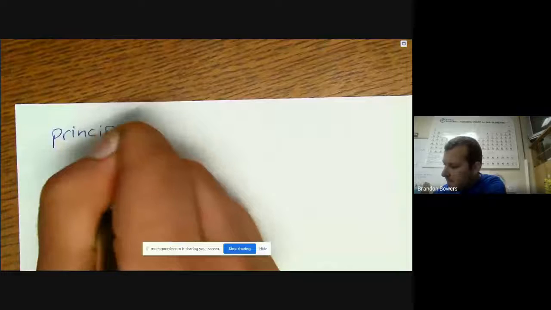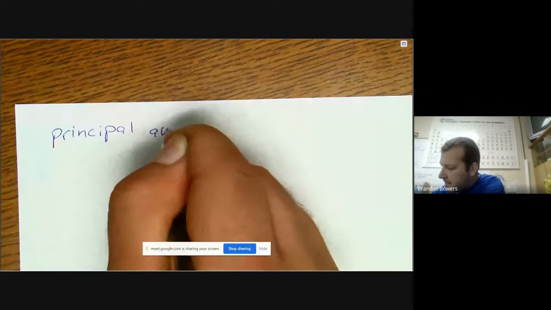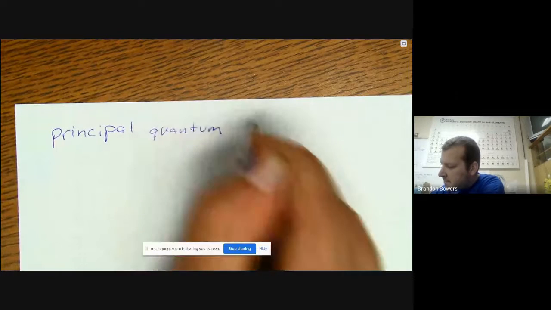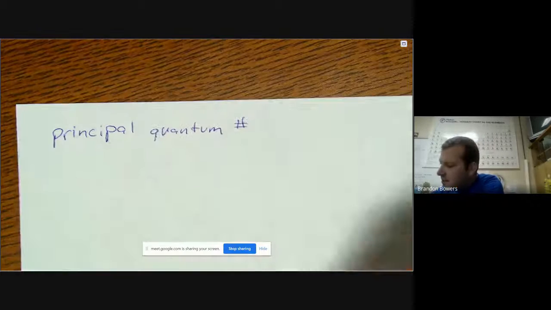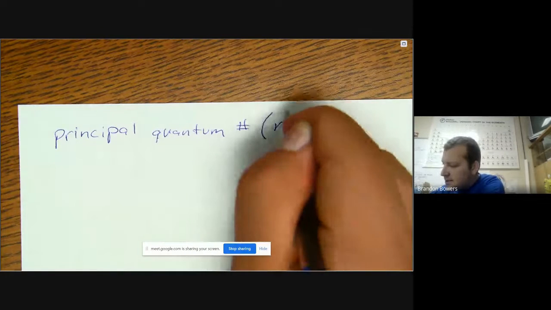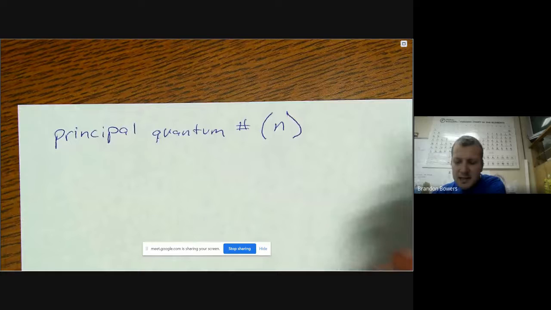Okay, hopefully you can see this piece of paper. The first quantum number we're going to focus on here is the principal quantum number. We designate the principal quantum number as the symbol n. What the n means is the energy level it's in.